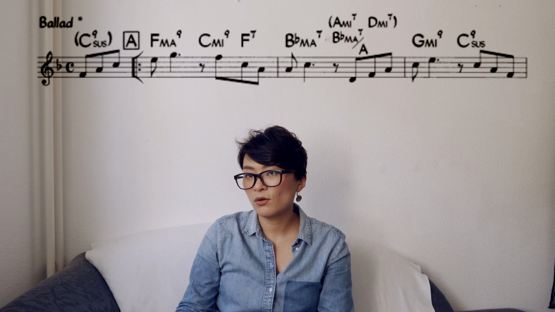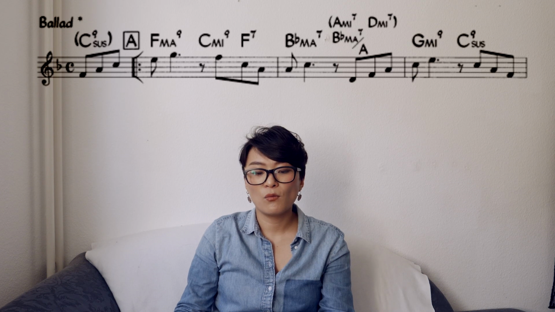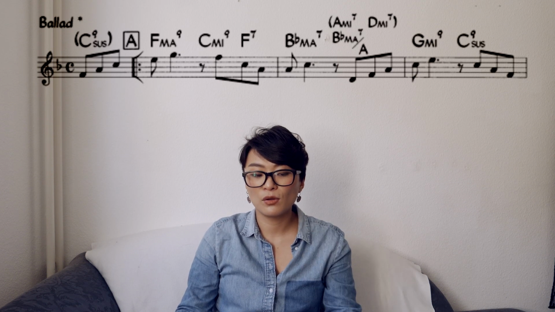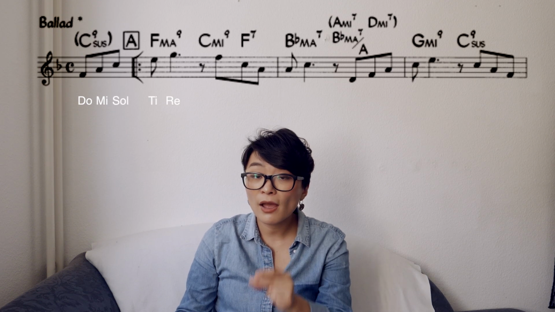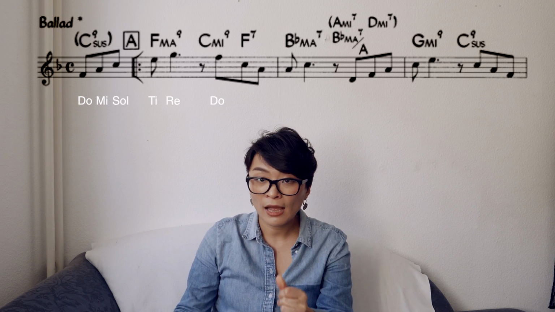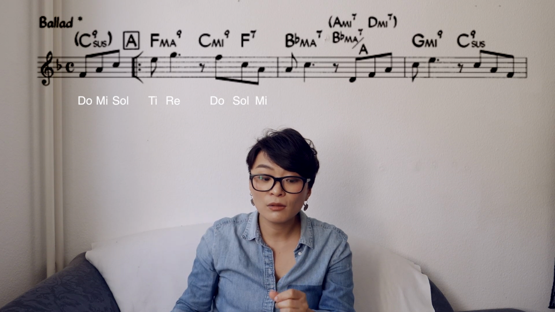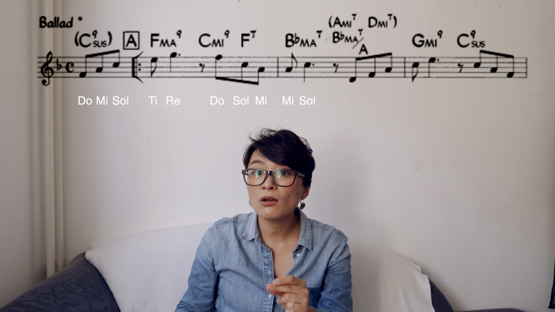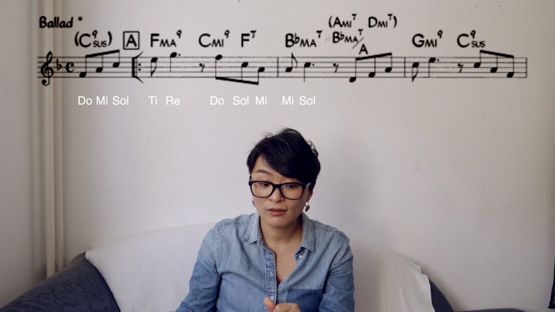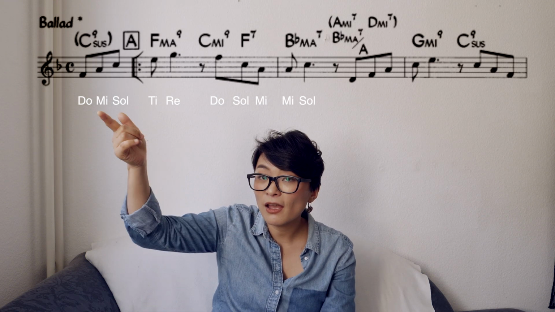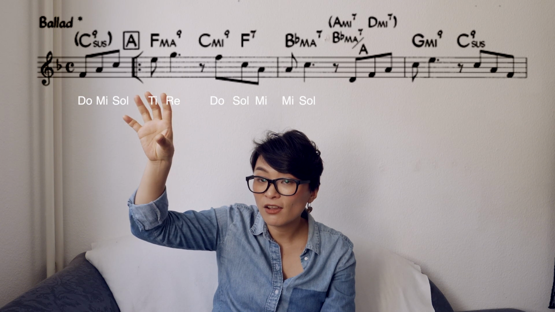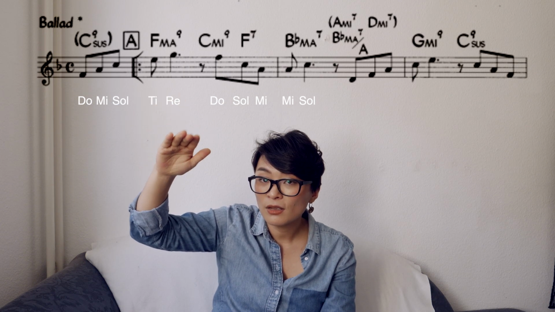Do, start from do. I'll count 4. 1, 2, 3. Do, mi, sol, ti, re. Do, sol, mi, sol. Okay, until there. Do, mi, sol, ti, re. And then from there, just one step down.